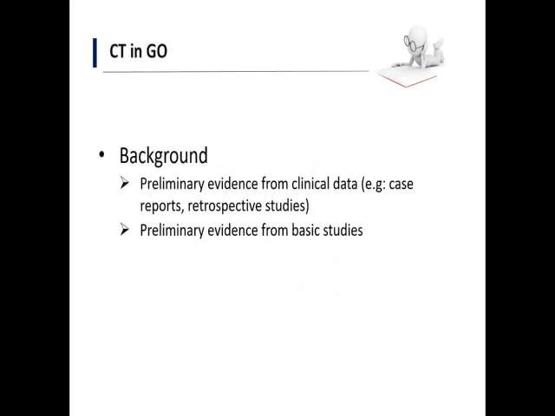The background based on which a clinical trial is designed is preliminary evidence that comes from clinical data, for example, case reports or retrospective studies, or preliminary evidence that comes from basic studies.